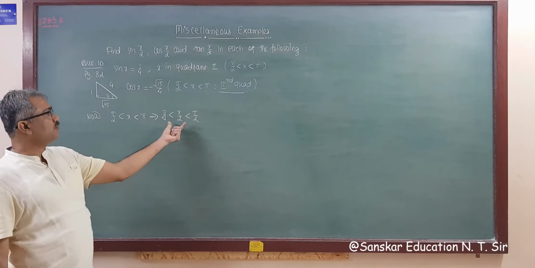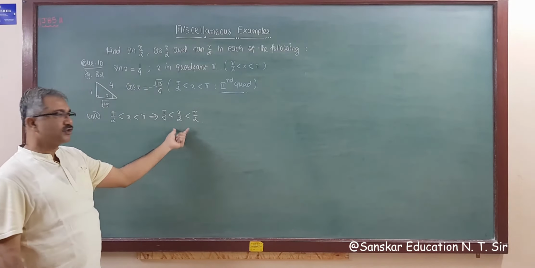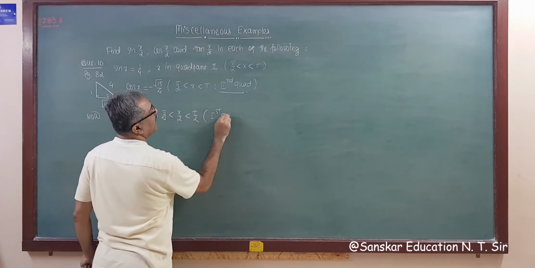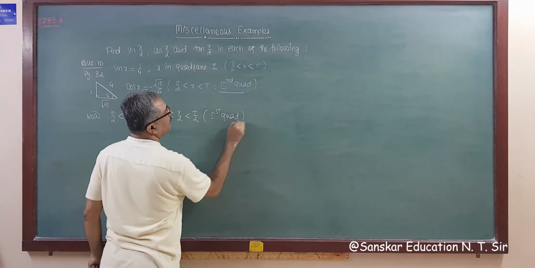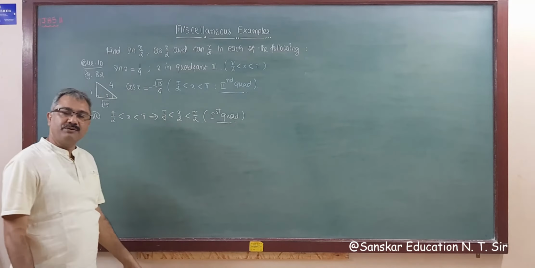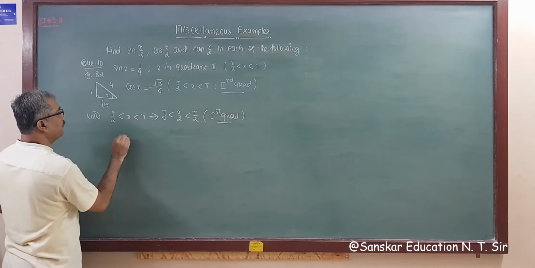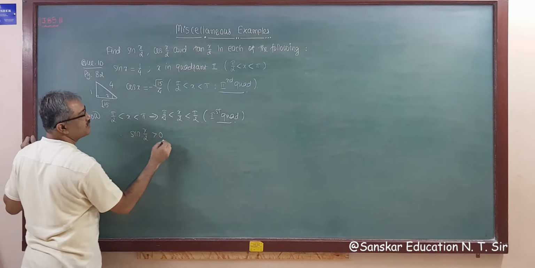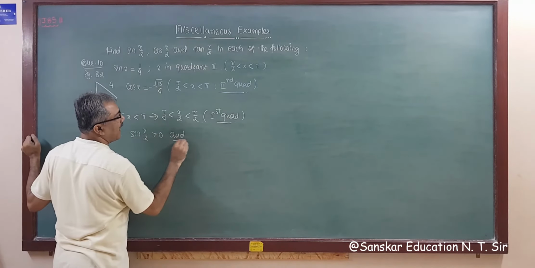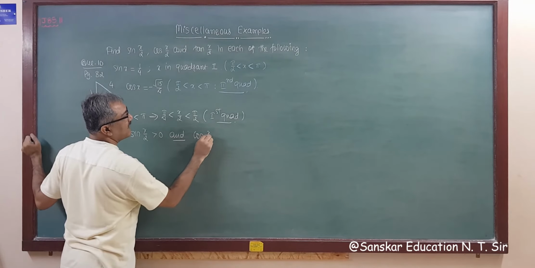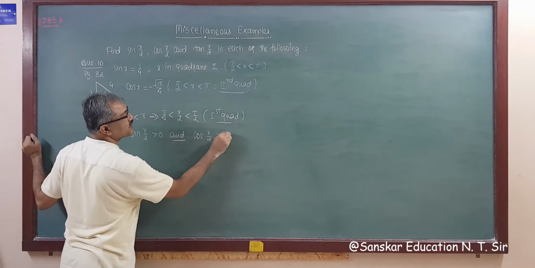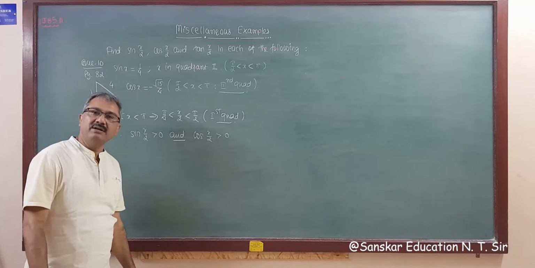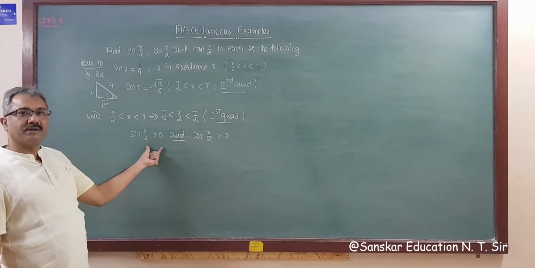So pi by 4 to pi by 2, that is the first quadrant, and in the first quadrant all are positive, right? Therefore sine x by 2 is greater than 0 and cos x by 2 is also greater than 0.